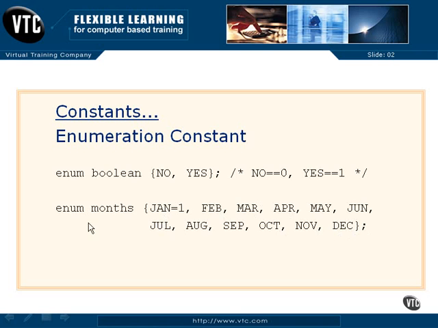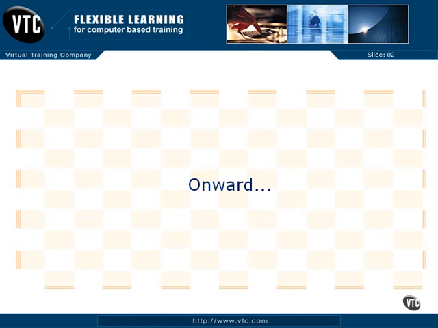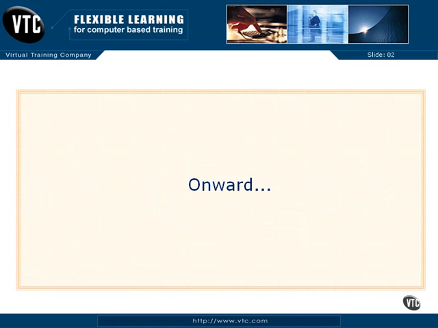And we'll see later in some of our programs how you actually use something like this. But it's a good way of getting values into your code that are easily set up, and you don't have a bunch of #defines and things like that cluttering up your code. So enum is a nice thing to be able to use. And we're going to move onward to other types, operators, and expressions.